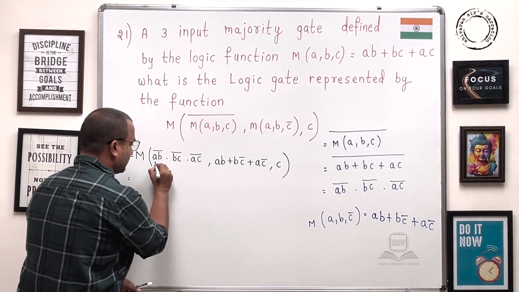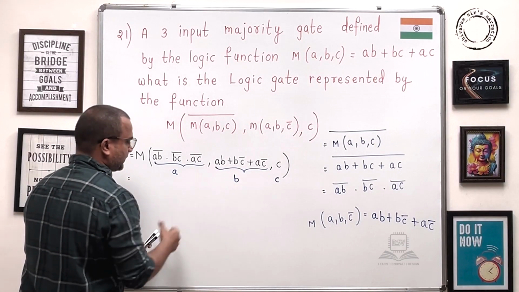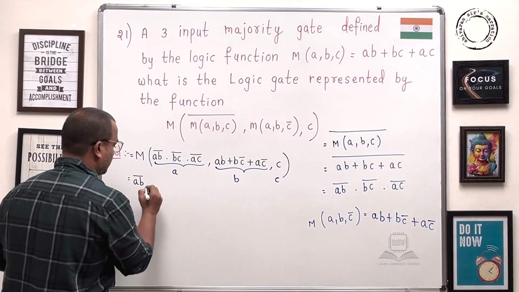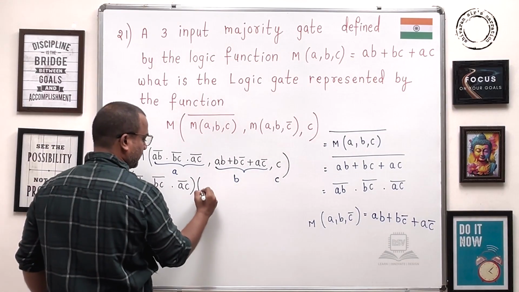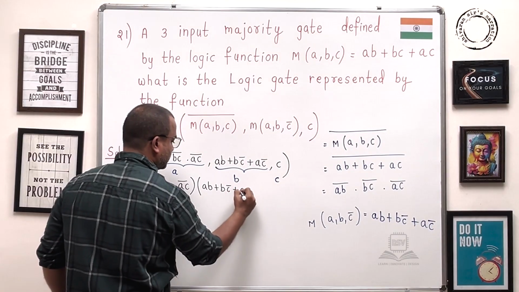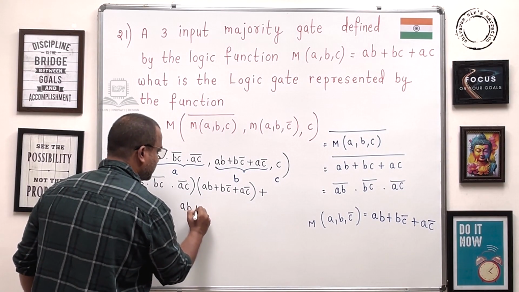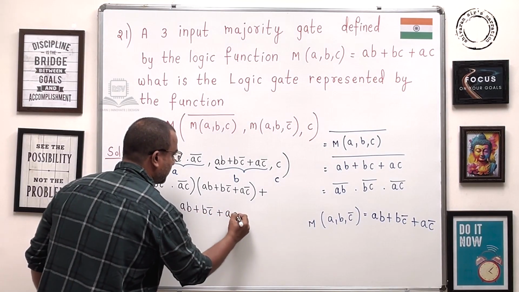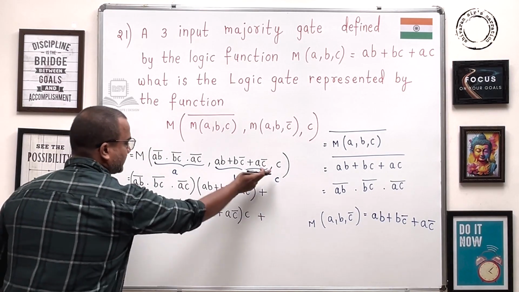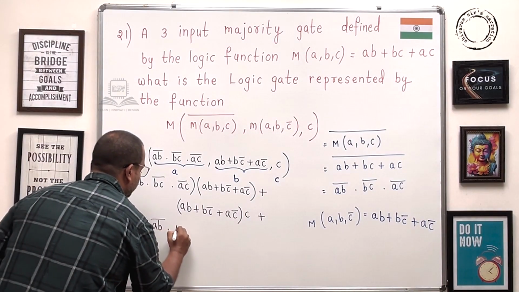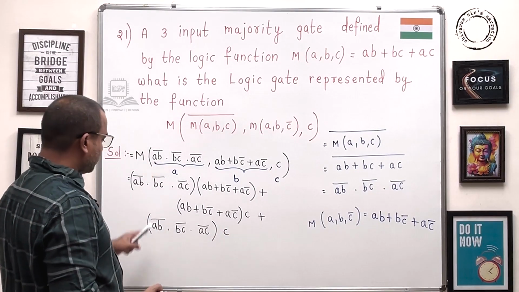This can be treated as A, B and C. As per the function AB, this one into this one, that is AB whole bar, BC whole bar, AC whole bar into AB plus BC bar plus AC bar, plus B into C, that is AB plus BC bar plus AC bar into C, plus again here AC, that is AB whole bar into BC whole bar into AC whole bar into C. Okay guys, this is the finalized function.